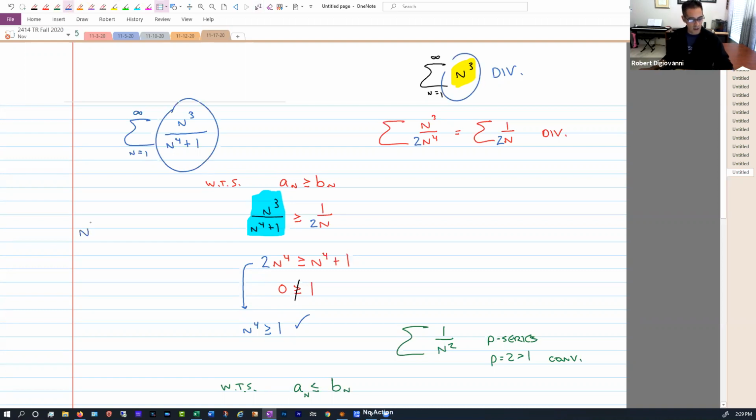So you need to show that n cubed over n to the 4th plus 1 is bigger than or equal to n cubed. And when you cross multiply, it's not happening. n cubed is not bigger than n cubed times n to the 4th plus 1. That is not true. And therefore, that test fails.